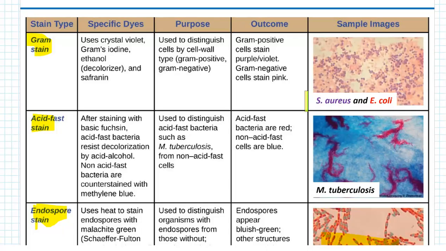Why do you think this distinction, gram-positive versus gram-negative, is important? In other words, I'm a physician. I treat a person with a bacterial infection. I want to know whether the bacterium that affects that patient is gram-positive or gram-negative.